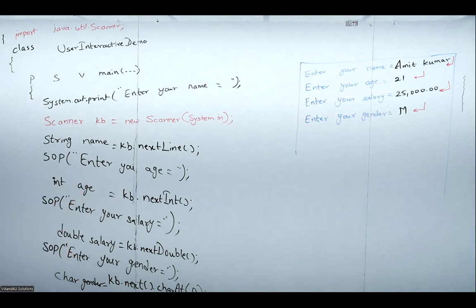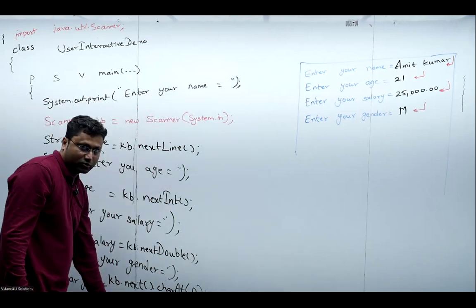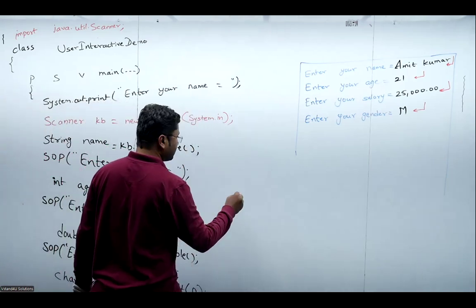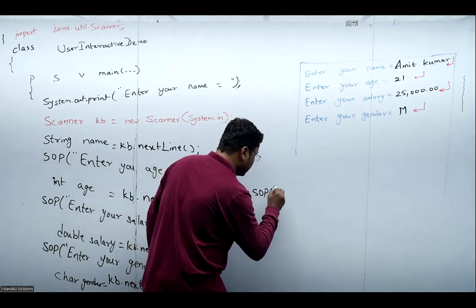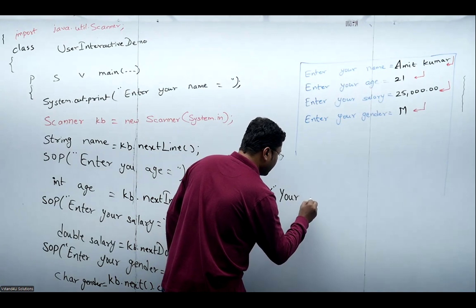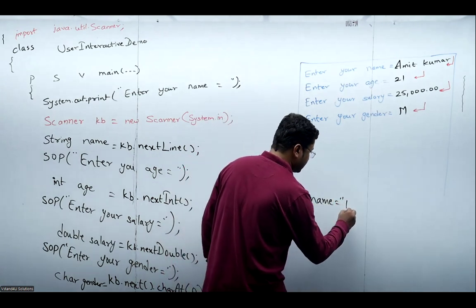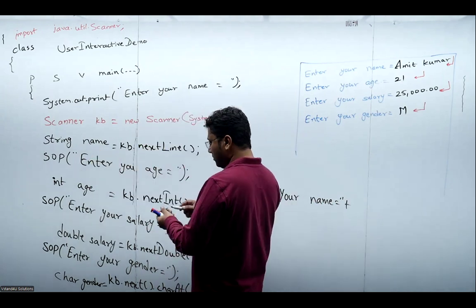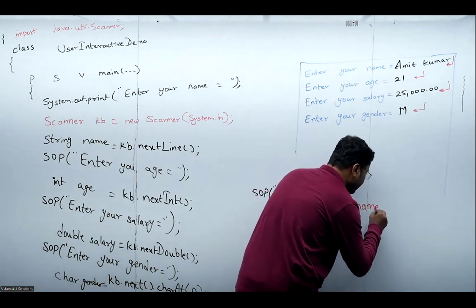Now I just need to show all the things on the console. For that, I'm writing one more SOP here, although I was supposed to write it down, but there is no space. Hope you understand. What is that SOP? I'll write it here. Say SOP of your name equal to plus. What is the variable I have taken to store the name? Name. Am I right? So I'll say what? The variable name is name. Only the variable name I'm writing in red color.